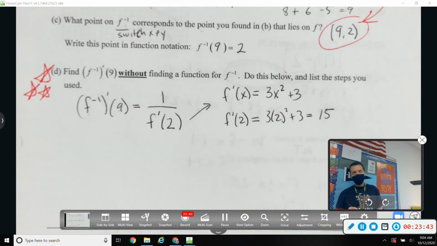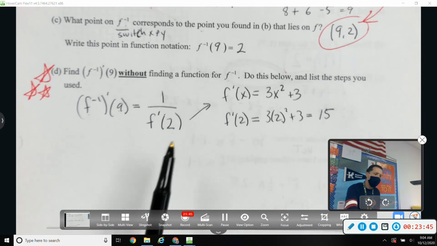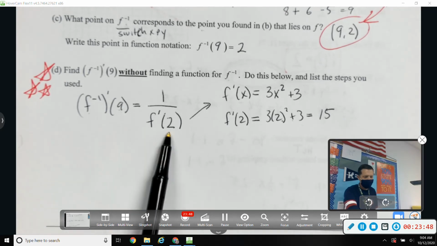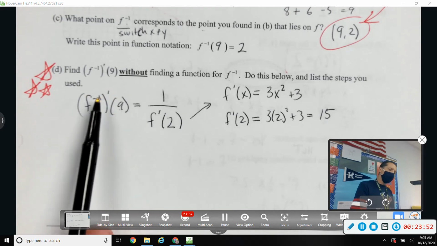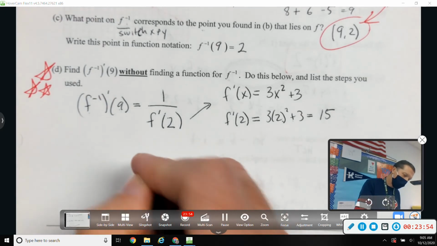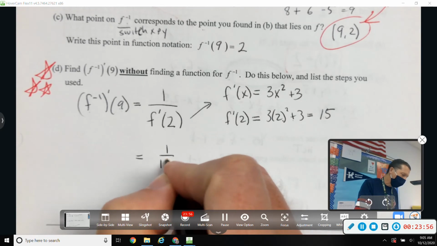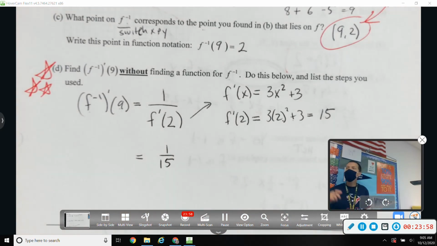So the slope of the original function at 2 is 15. That means the slope of the inverse at 9 is 1 over 15. We switch the x and the y, we flip dy dx upside down, and we get 1/15.